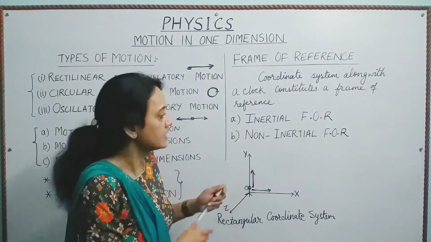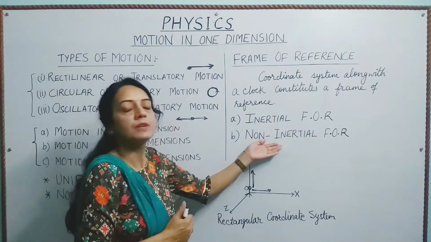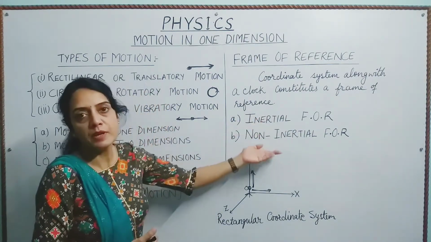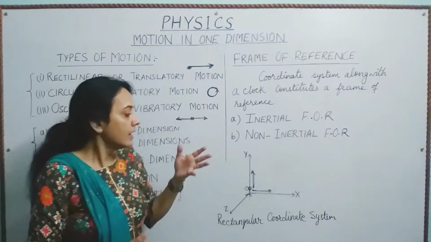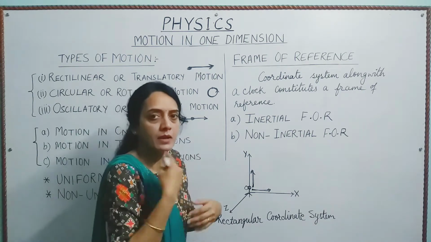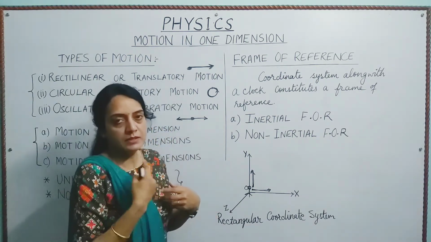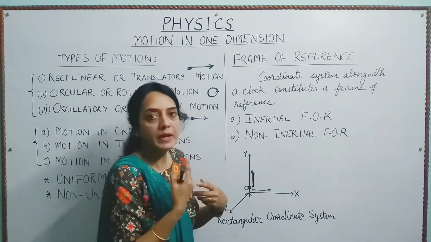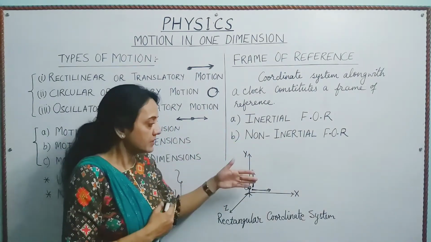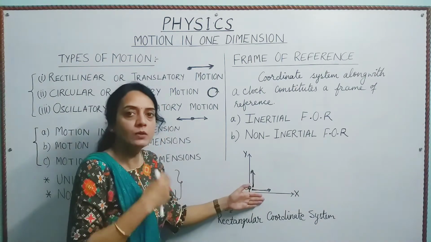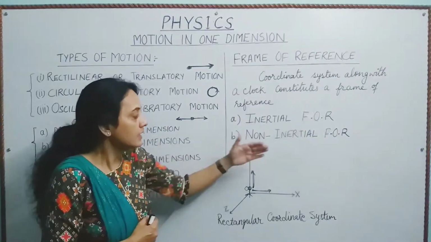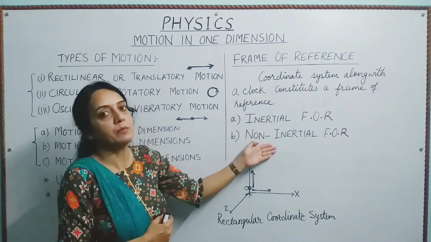Non-inertial frame of reference: the frame of reference which is accelerating is called a non-inertial frame of reference. For example, an object sitting on earth is actually moving. It is continuously changing its velocity with respect to time. So an observer standing on earth and observing the things outside the earth is constituting a non-inertial frame of reference.